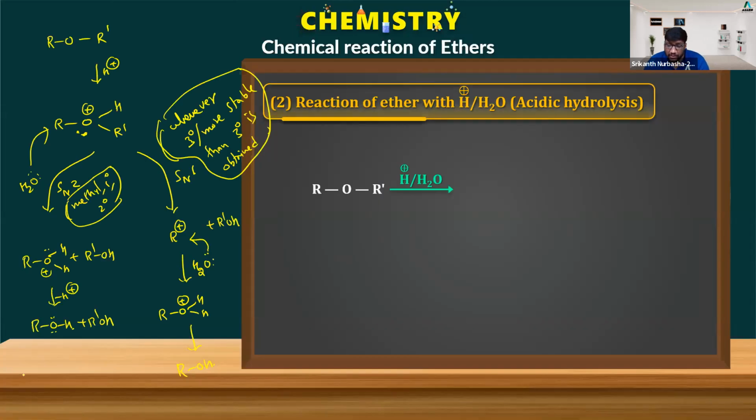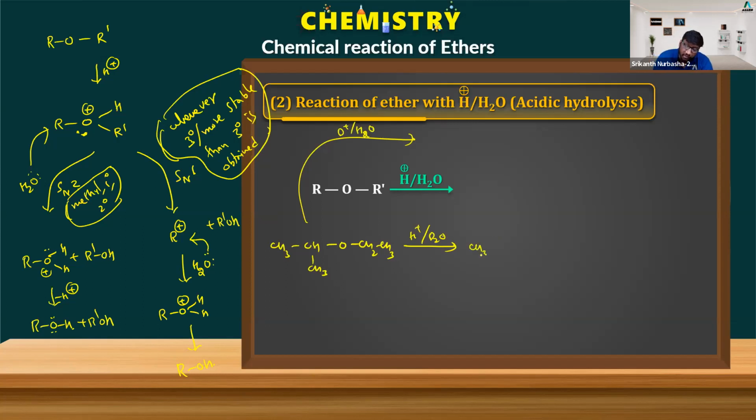Is that clear, students? Take an ether like this: CH3 CH CH3 O CH2 CH3, in the presence of H plus in the presence of D2O, and the same reaction in the presence of D plus in the presence of H2O. What are you going to generate? Here, first case, what happens?